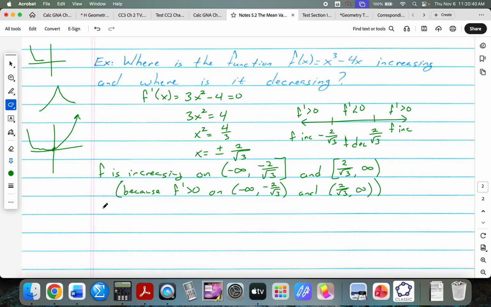Will we be asked to justify it? Certainly on the AP exam. For these tests right now, sometimes I will. This time will you? Probably, because you need the practice. And f is decreasing on the closed interval from negative 2 over the square root of 3 to positive 2 over the square root of 3.